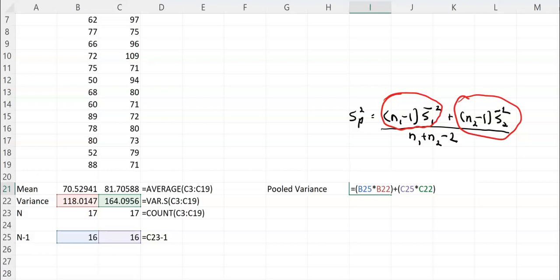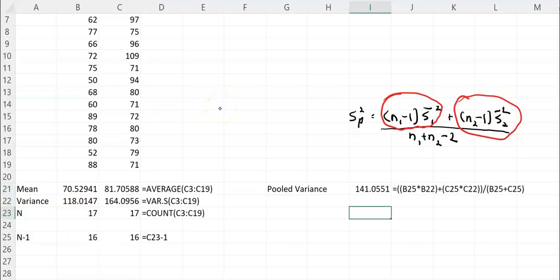Then the whole thing has to be divided by n1 plus n2 minus 2. You can do them in steps, or I can do them together. Divided by n1 plus n2 minus 2 is basically going to be, again, 16. I should put my parenthesis in the right position so that it doesn't cause any issues. And that is going to be my pooled variance.